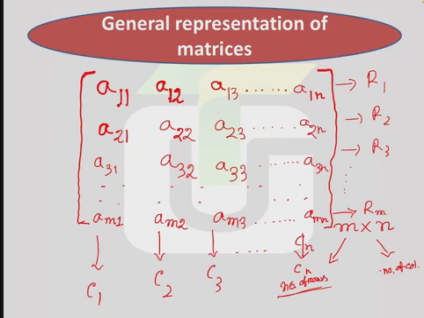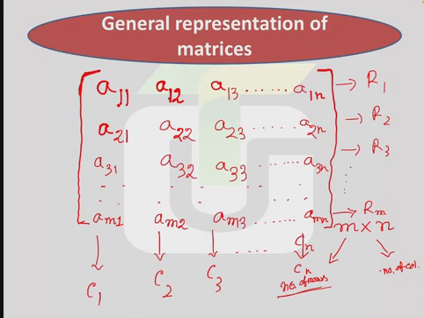This is how we can represent a matrix generally. The first element has address A11, the second element is A12, the third element is A13, like that, and the last element is Amn, correct?